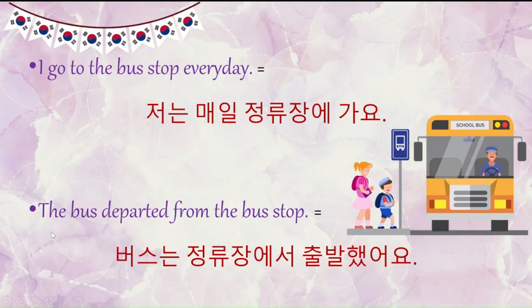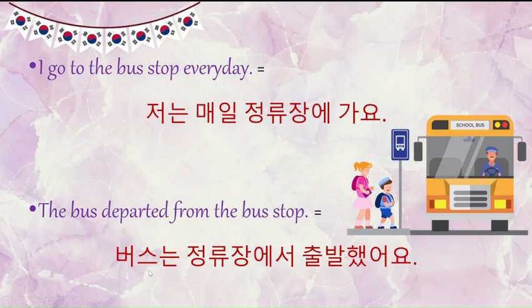The next example is the bus departed from the bus stop. 버스는 정류장에서 출발했어요. Here bus stop is 정류장, bus is 버스, and to depart is 출발하다. In Korean, when you're talking about the past tense, it is 출발했어요.